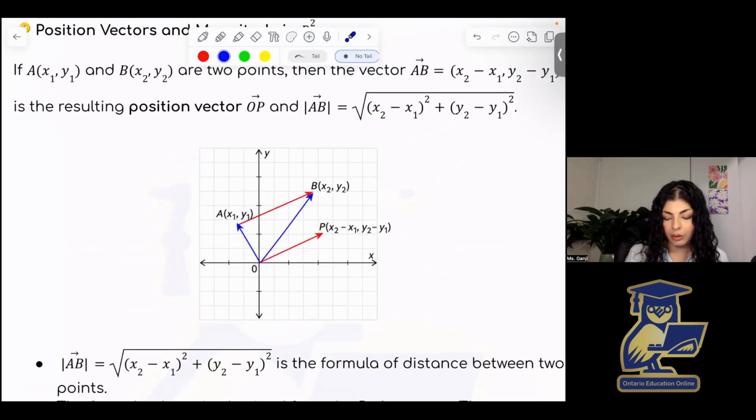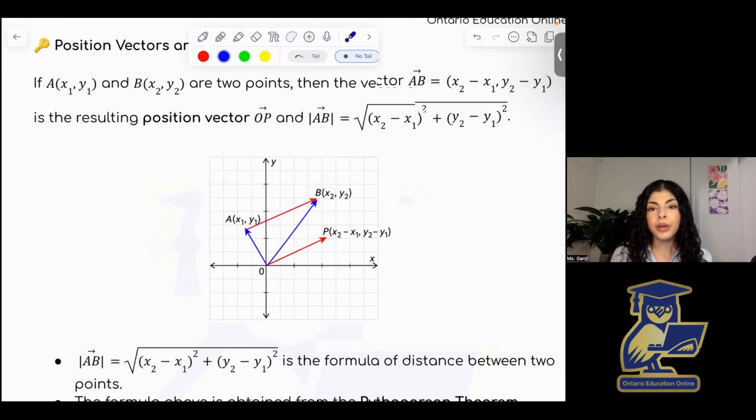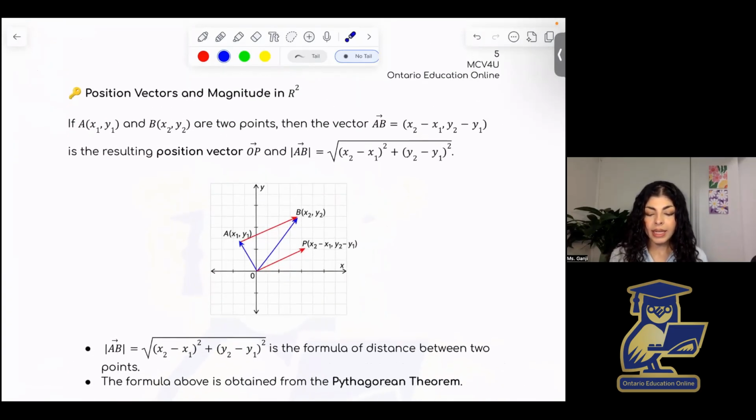And this, if you now started from the origin, which will be OP, this will be equal to here. And what you're really doing is finding the difference between the x components and the y components. And the magnitude is just going to be the x component squared and the y component squared, which were these two values here.